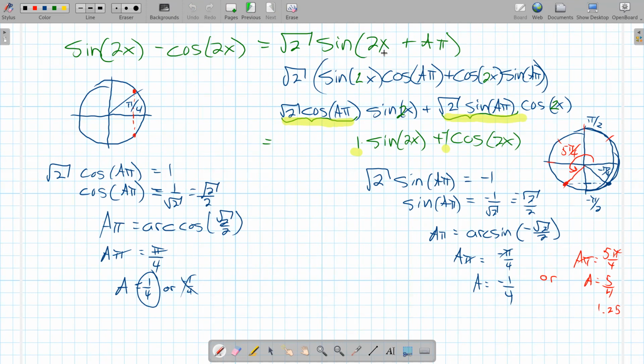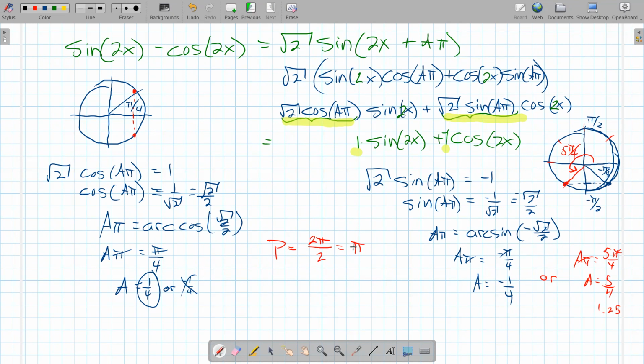The period here, let's think about the period. That's always 2 pi divided by the multiple here too. So the period is pi. So we need to shift that negative pi over 4 by pi. Is that correct?